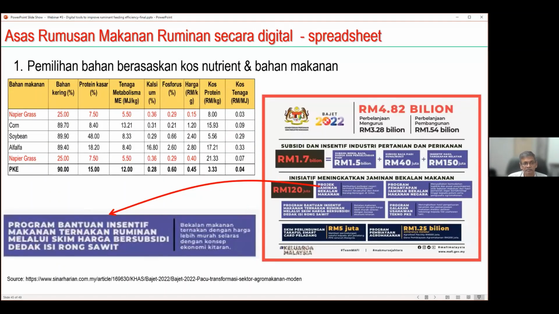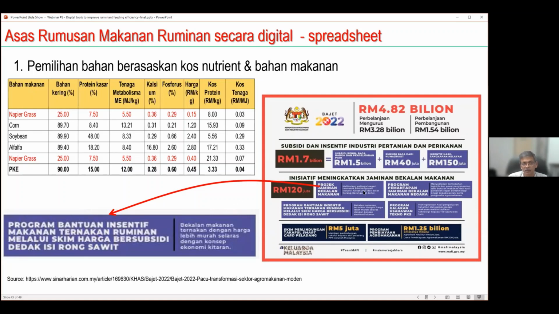I'm almost ending my slide, then we can go for question time. The next thing I want to talk about: if you look at the RM budget 22, there's one section I think is very exciting, the program for ruminant feed incentive assistance through the subsidised price scheme for palm kernel expeller. Now PKE's price is about 60 to 70 cents.